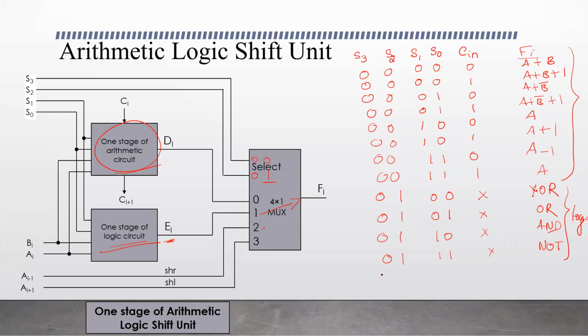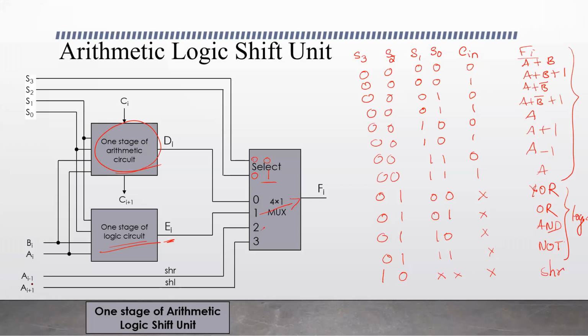Here the value of S3 and S2 will be 1 and 0. We don't have a selection input here. This is a single operation, shift right, with no selection inputs and no carry.